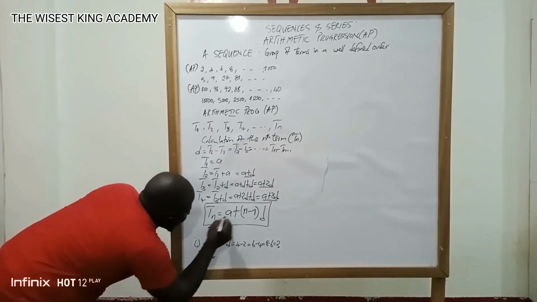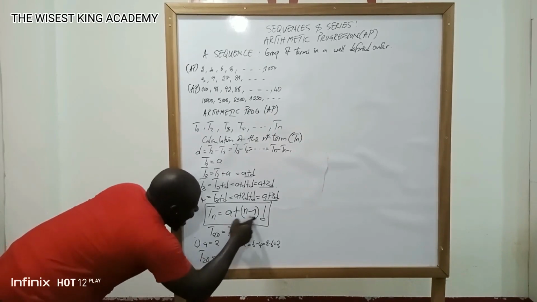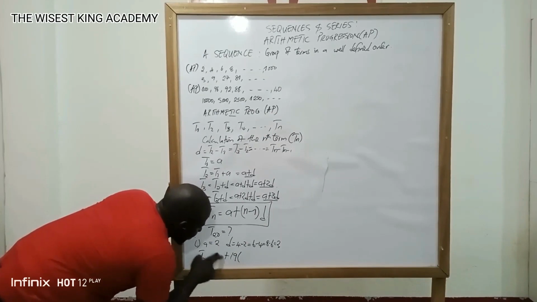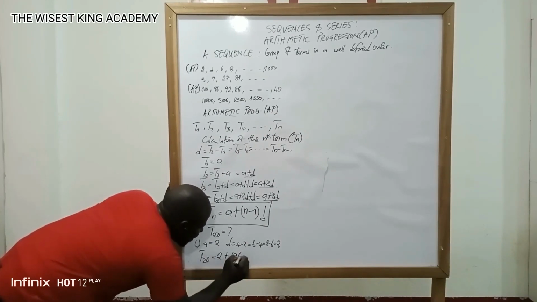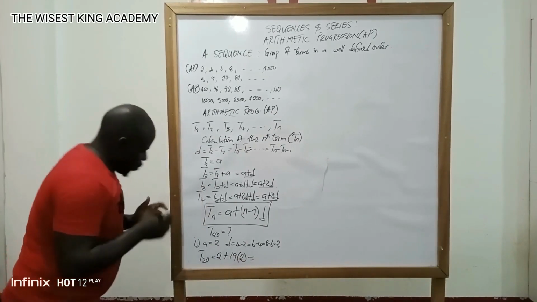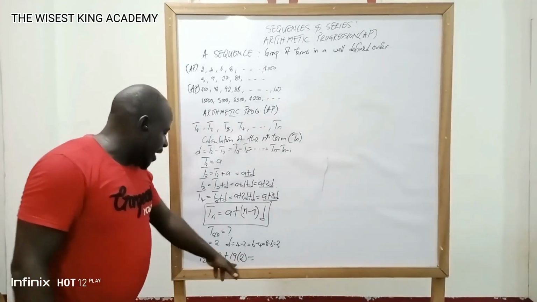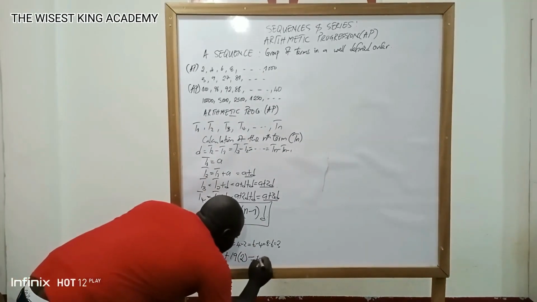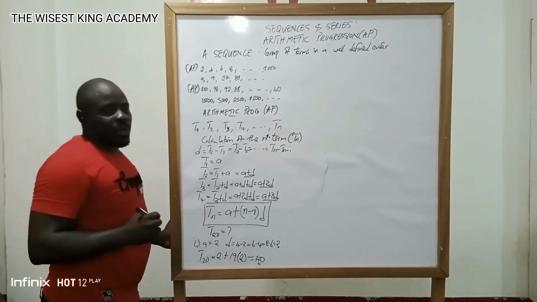T20 is the first term, A, plus n minus 1, 20 minus 1, that's 19 times d, that's 19 times 2. 19 times 2 is 38. 38 plus 2 gives 40. So the 20th term of that progression is 40.